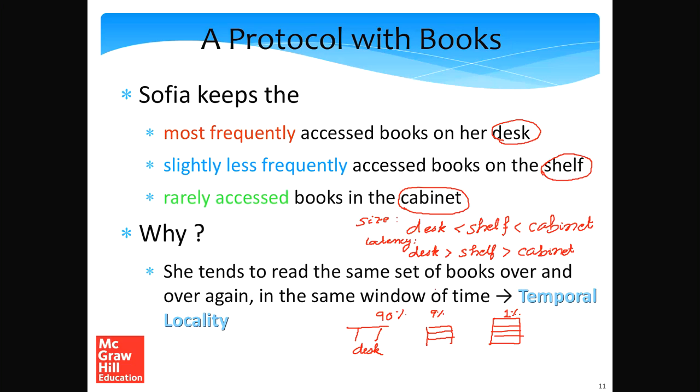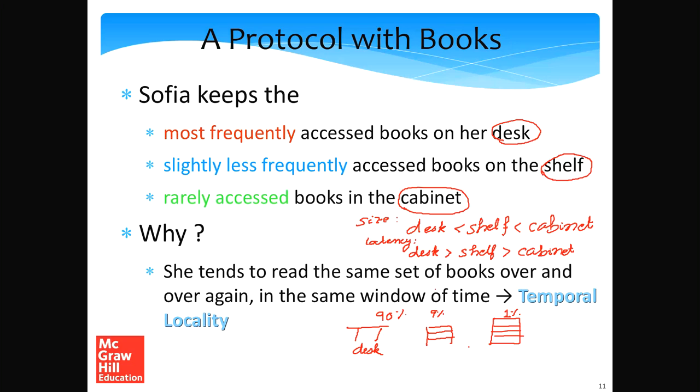So the advantage of this particular organization is that 9 in 10 times we can get the book within arm's reach. Out of that, 9 in 100 times we can get the book from the shelf. So maybe Sophia just needs to walk 10 steps. And only 1 in 100 times does she actually have to make a trip to the cabinet which is at the end of the room.